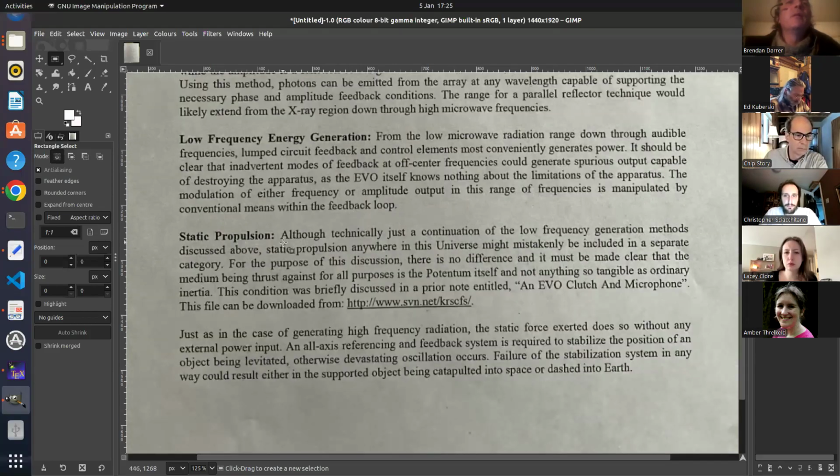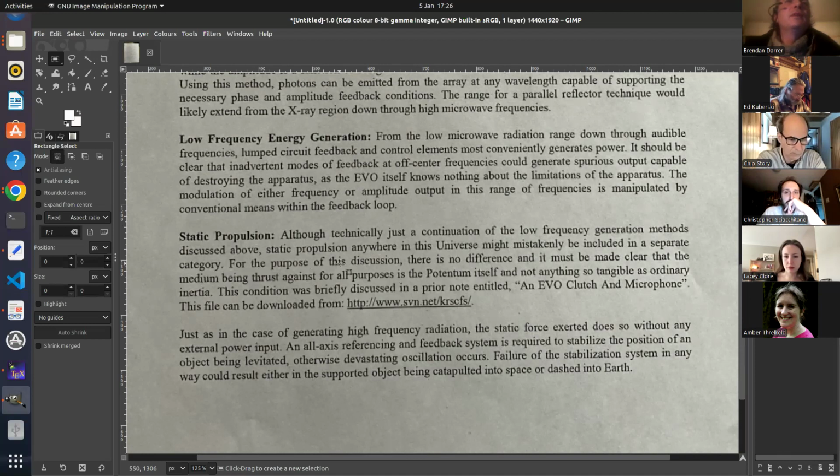Static propulsion. Although technically just a continuation of the low frequency generation methods discussed above, static propulsion anywhere in this universe might mistakenly be included in a separate category.